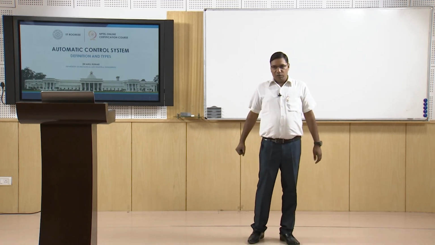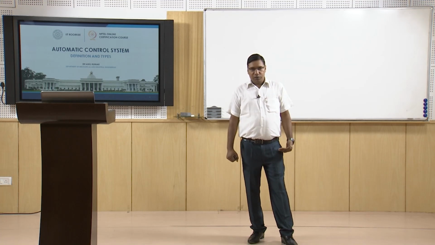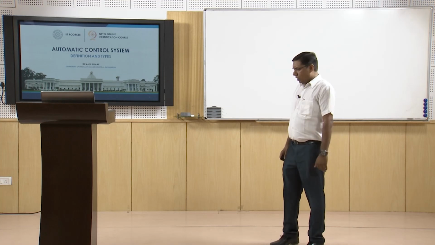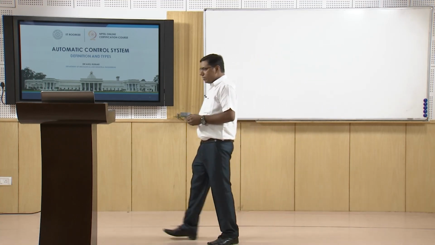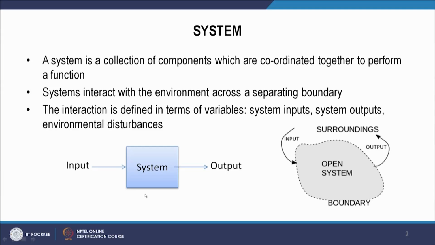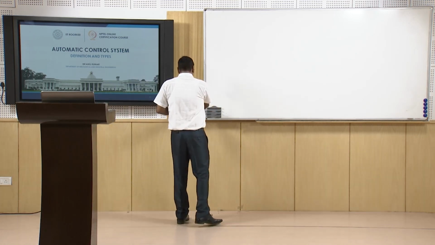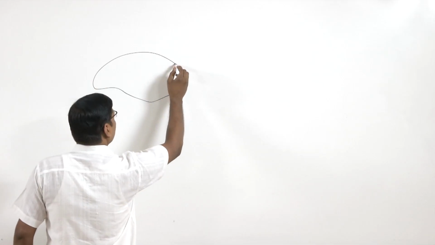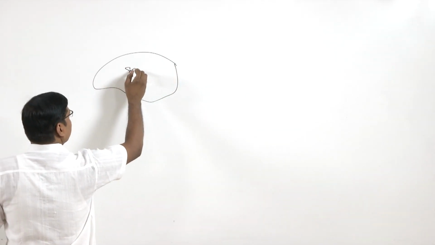So now we start to understand what is a control system. Let's understand what is a system. A system is a collection of components which are coordinated together to perform certain function. So if we want to draw a general system, suppose this is a system.